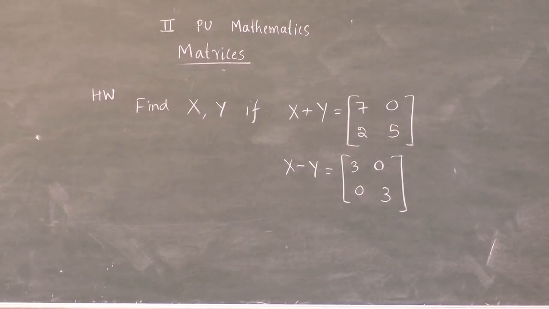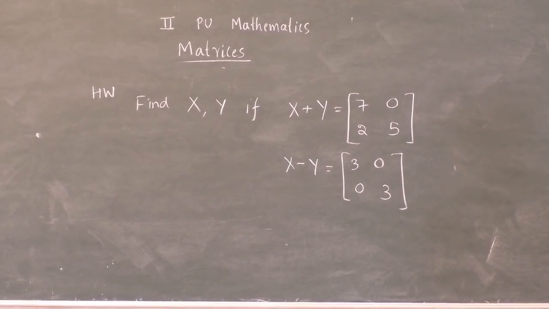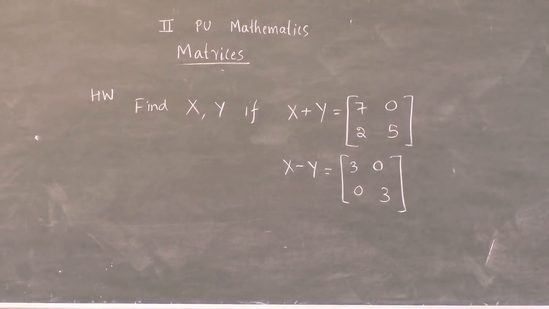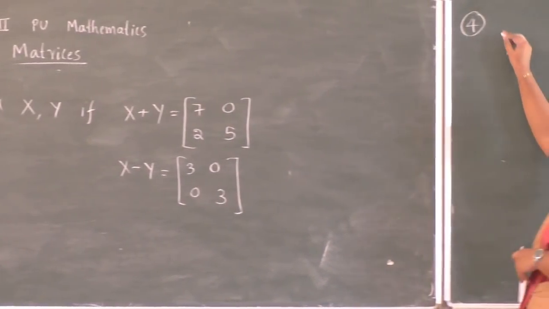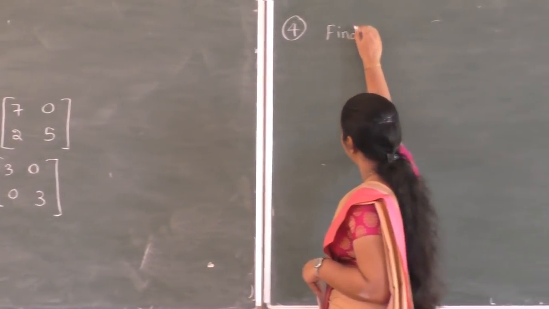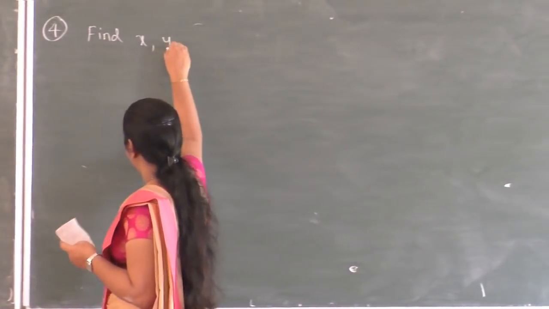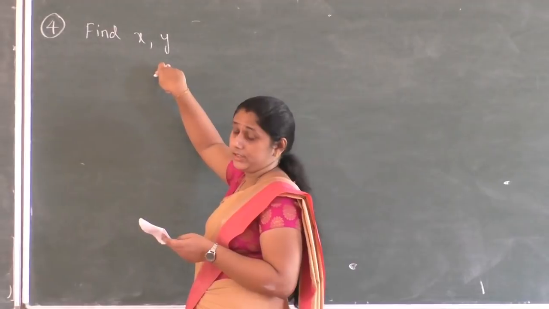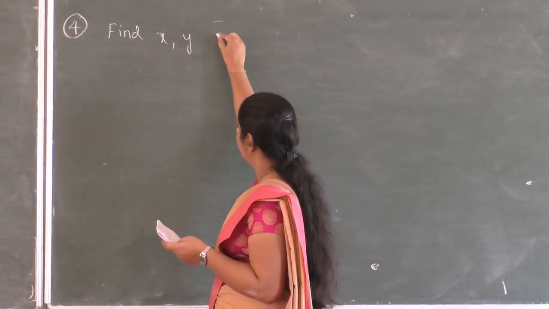Now question number 4, that is, find x and y. Here x and y are small letters, so these are not matrices.